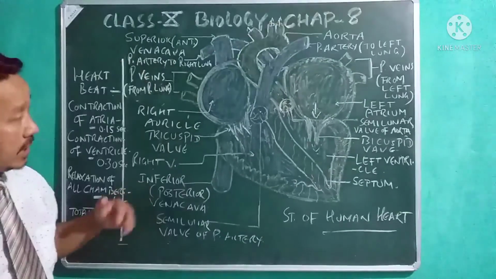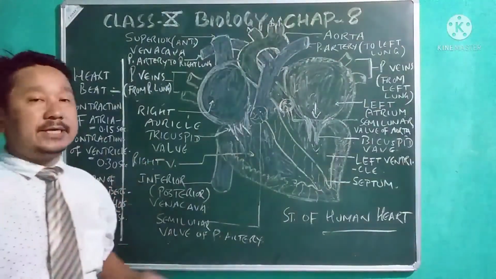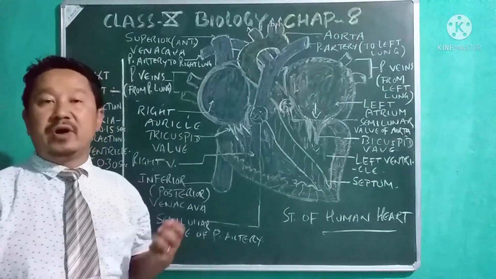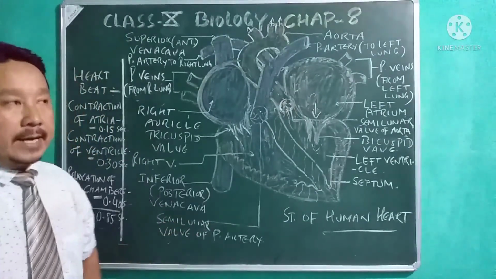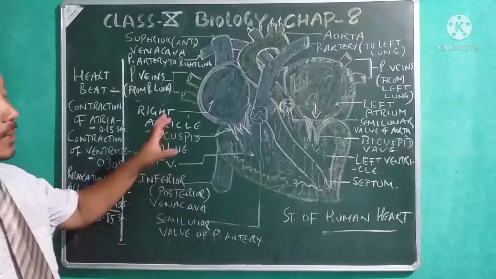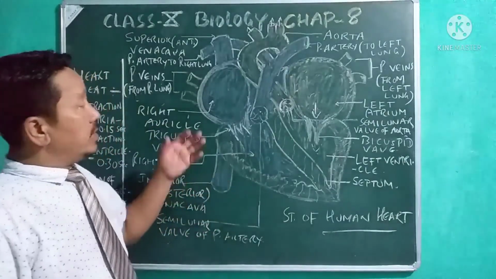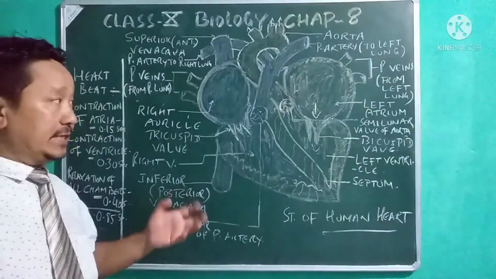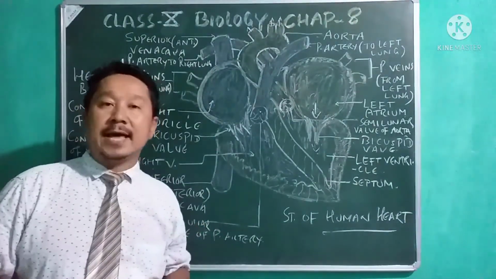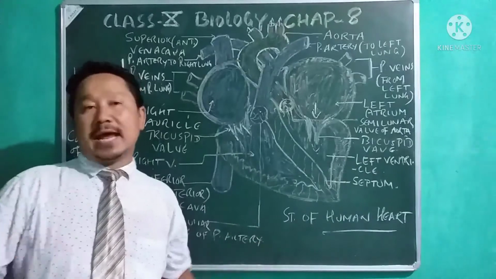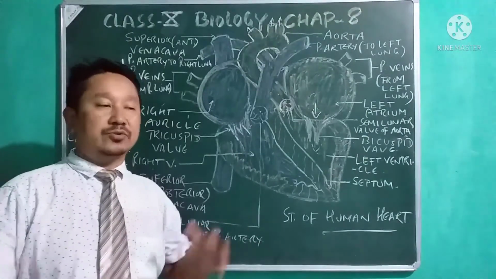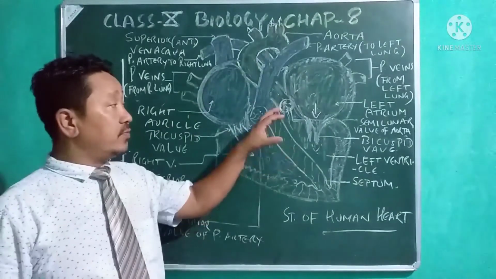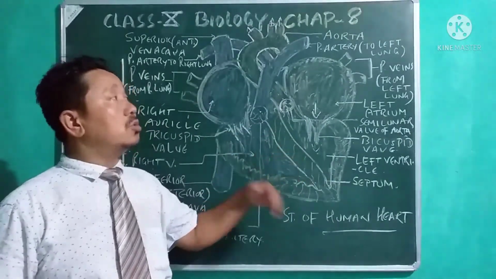All right, now we'll see how the heart works or functions. As you know, what actually happens is contraction and relaxation, systole and diastole of the heart, so that blood goes inside and from the heart it goes out.